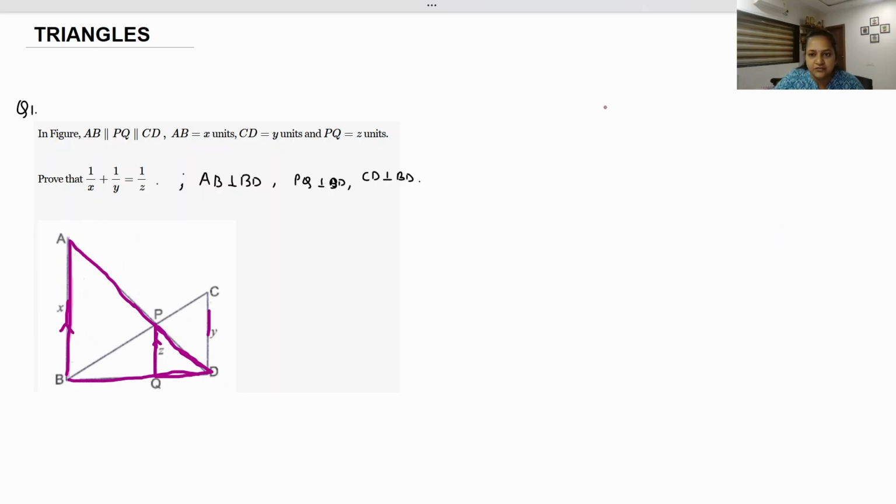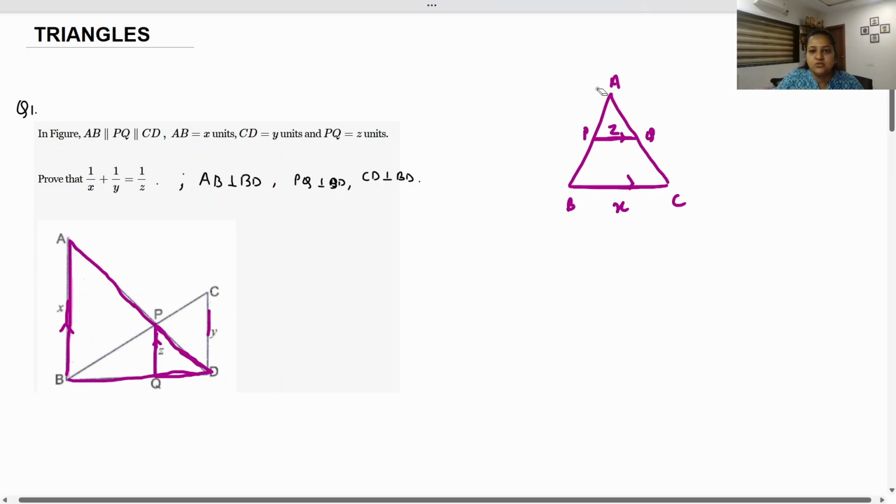If we are talking about two triangles in this form, and this is Z and this is X, these two are bases of the triangles ABD and PQD. Whenever you are dealing with the base, children, you should always go with similarity, not BPT.